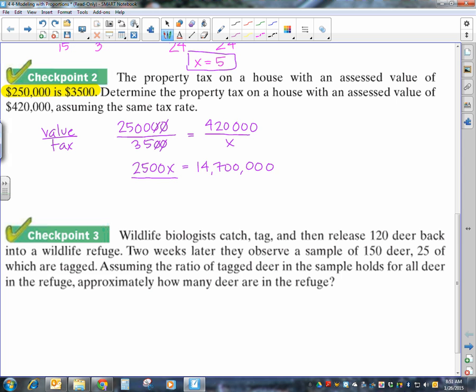And then I'm going to divide both sides by 2,500 and find out that x equals 5,880. Now, it's a word problem, so what's the property tax? Dollars, $5,880. Okay, last problem.